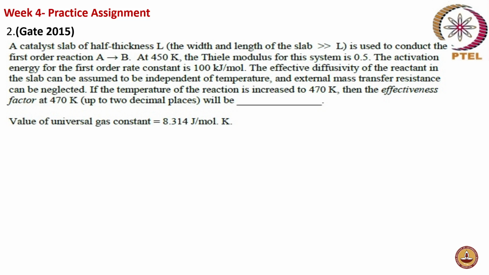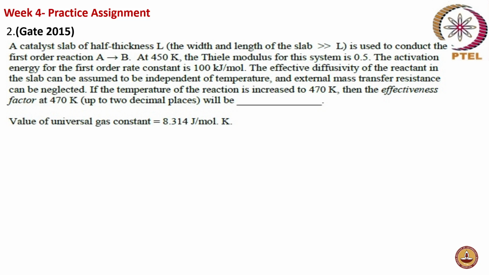The effective diffusivity of the reactant in the slab can be assumed to be independent of temperature, and external mass transfer resistance can be neglected. If the temperature of the reaction is increased to 470 Kelvin, what will be the effectiveness factor at 470 Kelvin? The value of the universal gas constant R is equal to 8.314 joule per mole Kelvin.